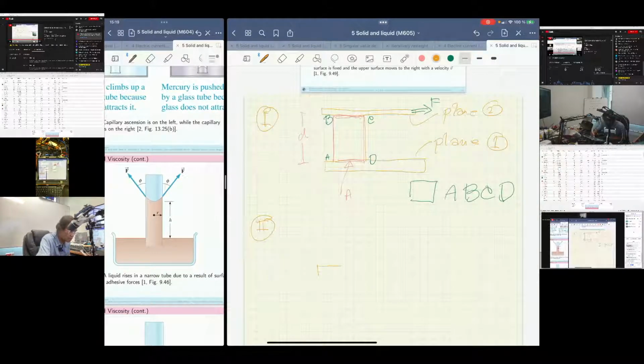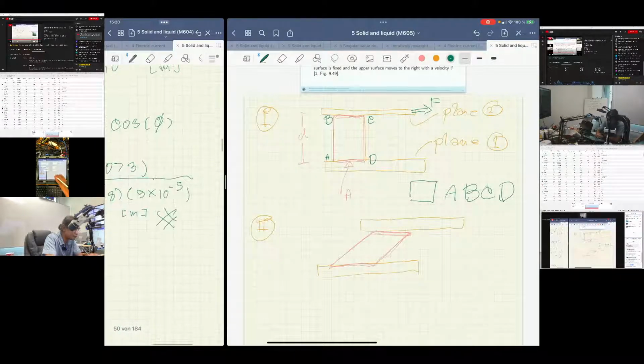The lower surface stays the same, right? And you now move the upper plane to this location, and right now it's going to be like this. The fluid has changed its shape like this. The shape of that fluid has now been changed. It's a parallelogram, a parallel type of square, right? This is no longer a rectangle, and now the position of each point has changed.